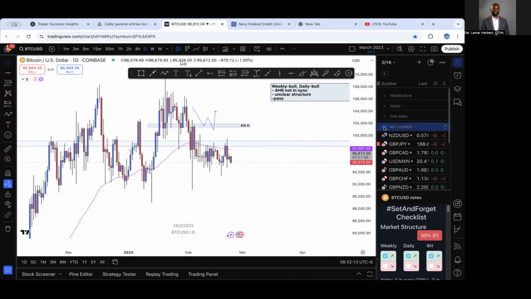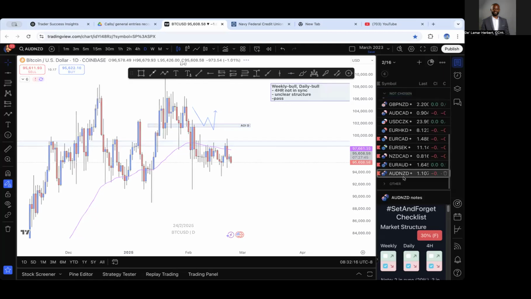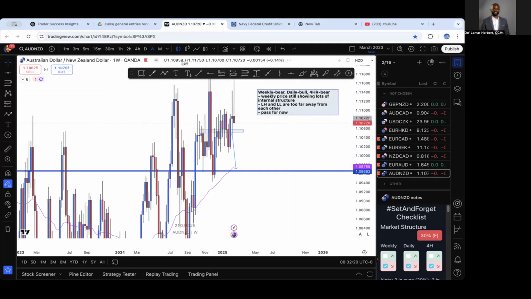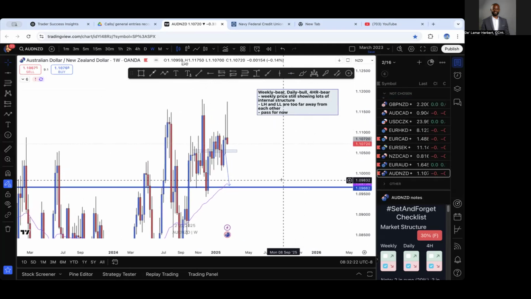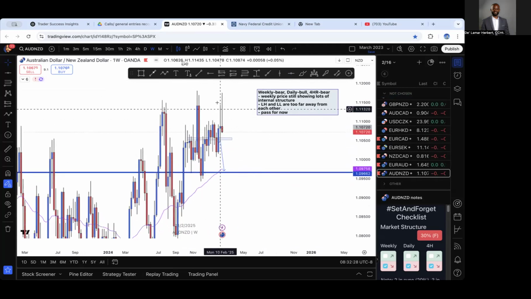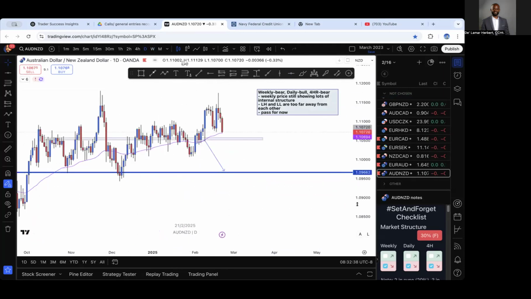All right, now for my pairs that are not chosen, we'll start off with AUD NZD. This is going to go a little bit faster because now I'm just going to point out what it's starting to do on the weekly. For right now, it is bearish. Price is not at the top, but it is on the way to this AOI right here. And then daily is currently bullish.